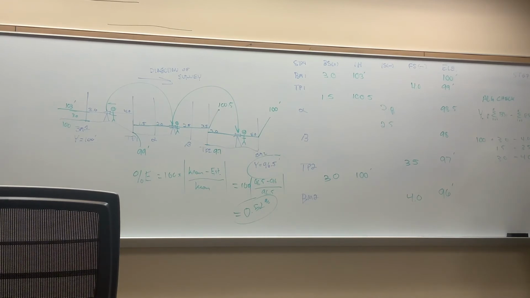Sounds completely reasonable. Literally telling you everything on the exam. I do reserve the right to mess with you a little bit on the closed traverse. By mess with you, I mean, maybe instead of giving you an azimuth, I'll give you a starting bearing or something. We can handle that.